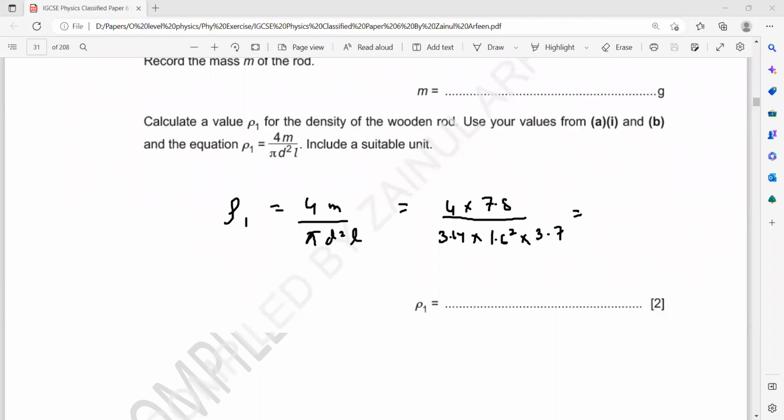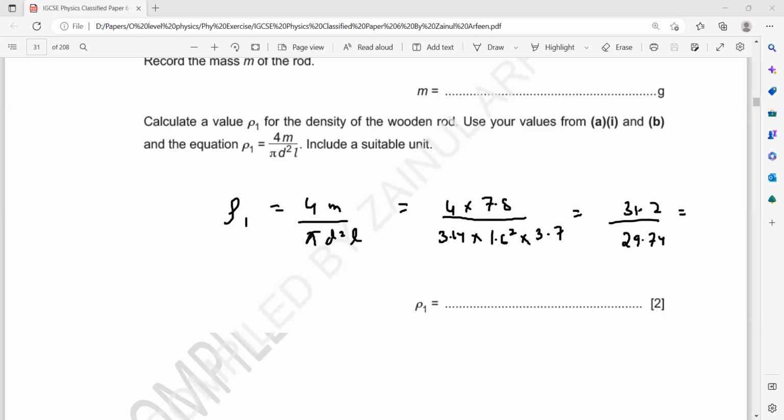Simplify the numerator separately, the denominator separately, and then take the ratio or divide them. So 4 into 7.8. What's the answer for 4 into 7.8? 31.2. And then 3.14 times 1.6 square times 3.7. What is the answer for this denominator? 29.74.